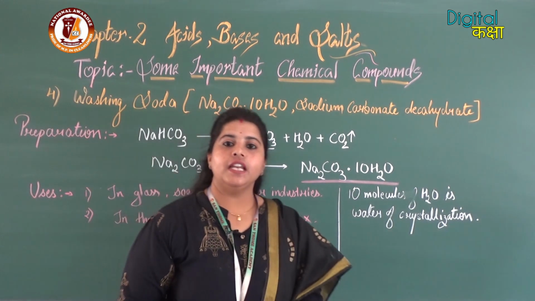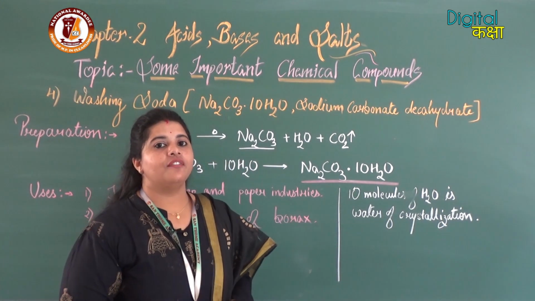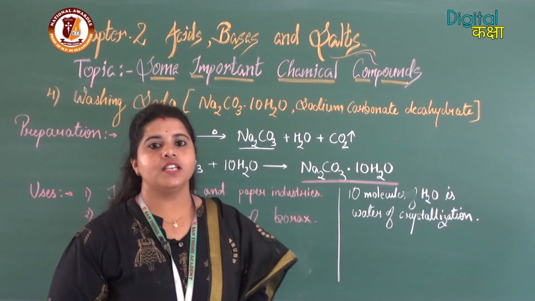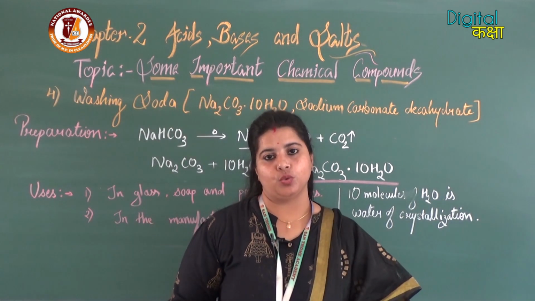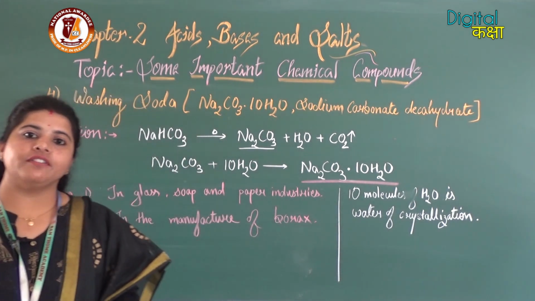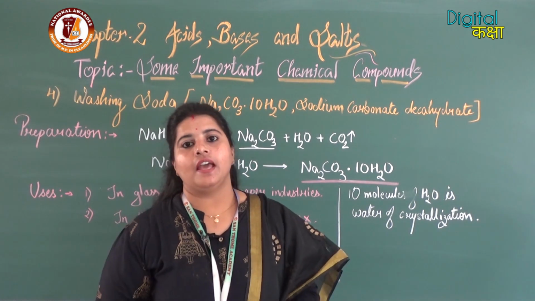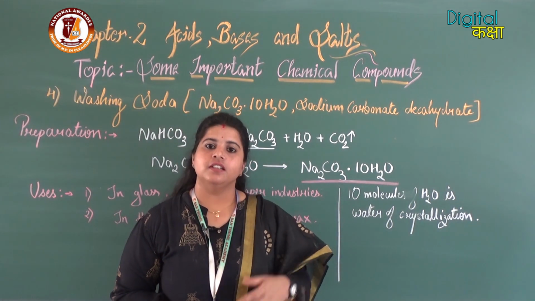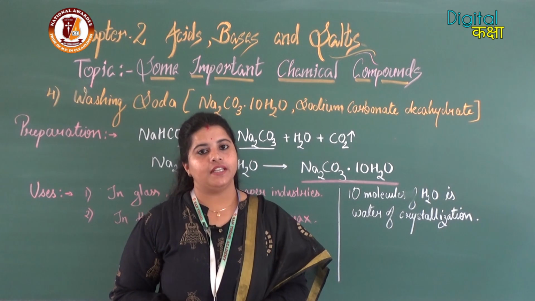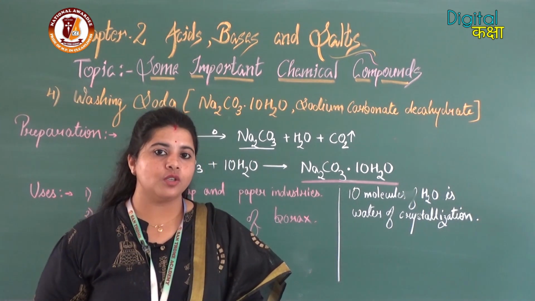Similarly, green vitriol, you would have heard. Green vitriol is ferrous sulfate, FeSO4.7H2O. It is green in color because it has 7 molecules of water of crystallization in it. And when it is heated, the same way, the green color goes away. Where has it gone?